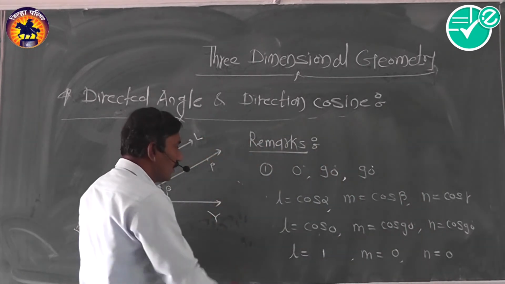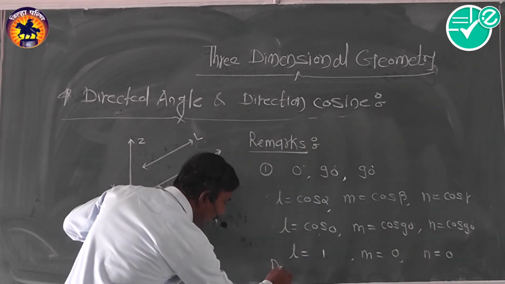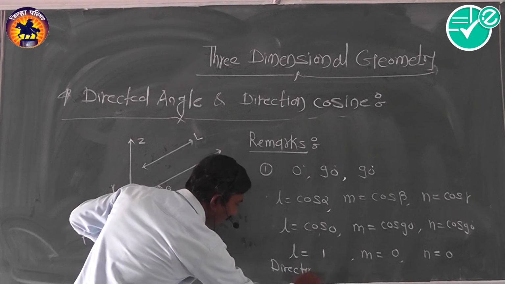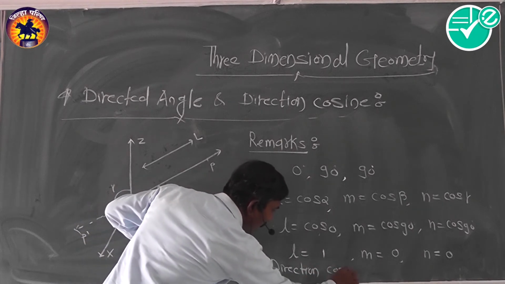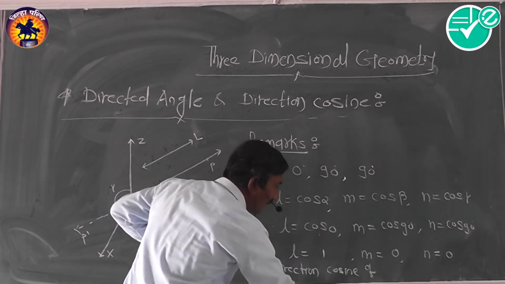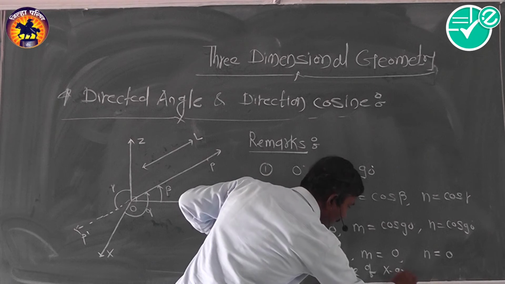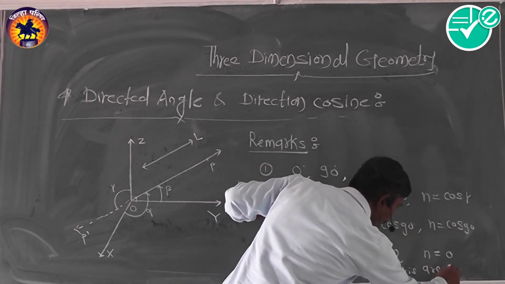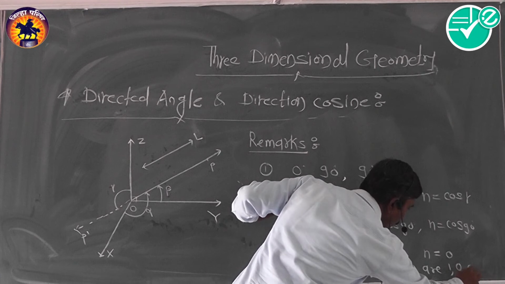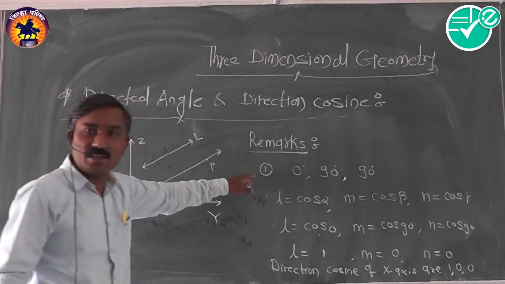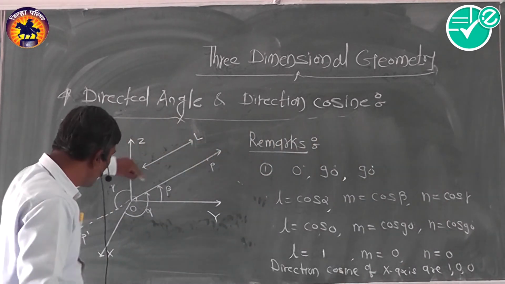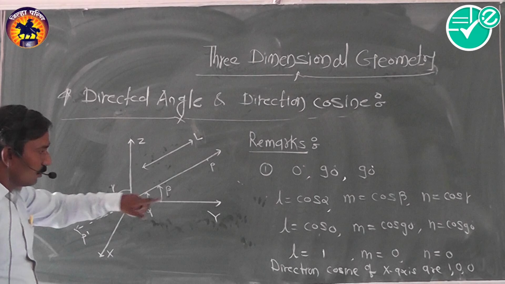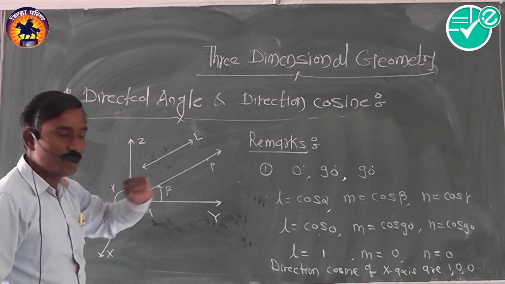So the direction cosines of the x axis are 1, 0, 0. This is our first remark.